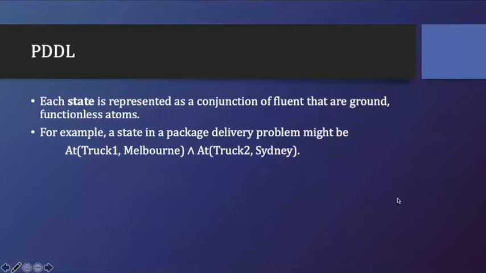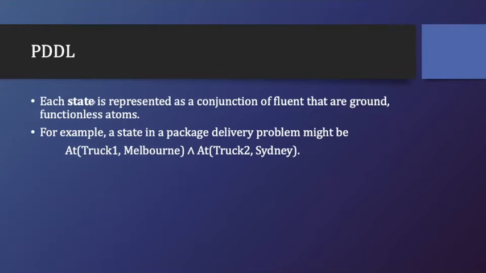Now let's come to PDDL, which is called Planning Domain Definition Language. Here, each state is represented as a conjunction of fluents that are ground functionless atoms. So here you understand that every state, whatever state we have, let's say we have the initial state, we have an intermediate state, we have the goal state.